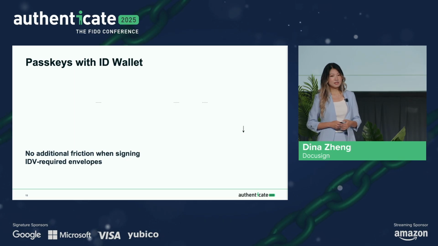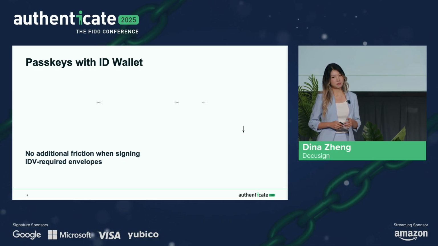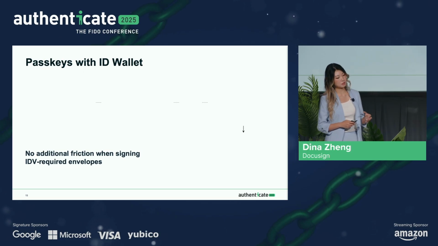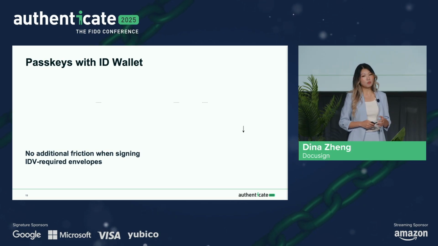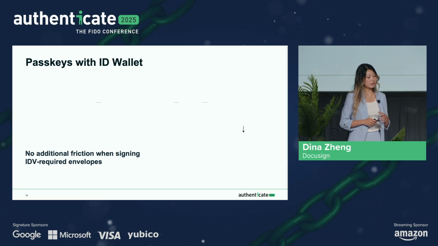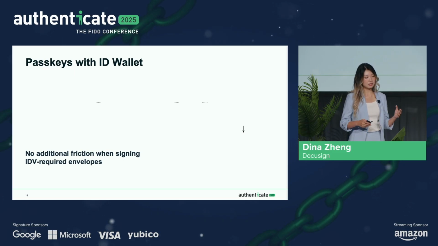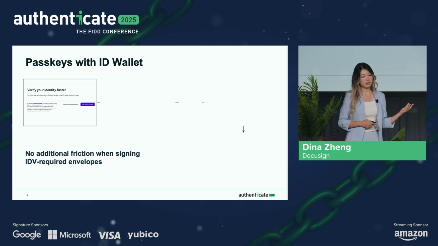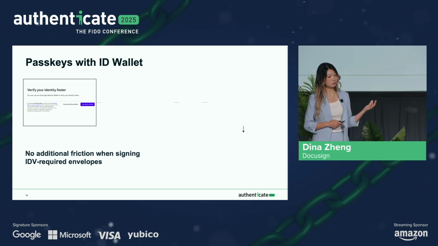Now, let's take a look at how we've extended passkeys beyond login and how we've actually improved this flow with passkeys. The identity wallet here lets users verify the identity securely and instantly. And so, Janice will actually be able to identify and sign her ID via envelope.